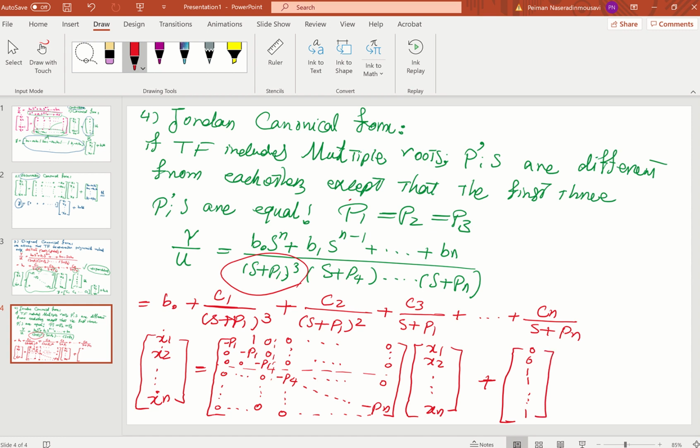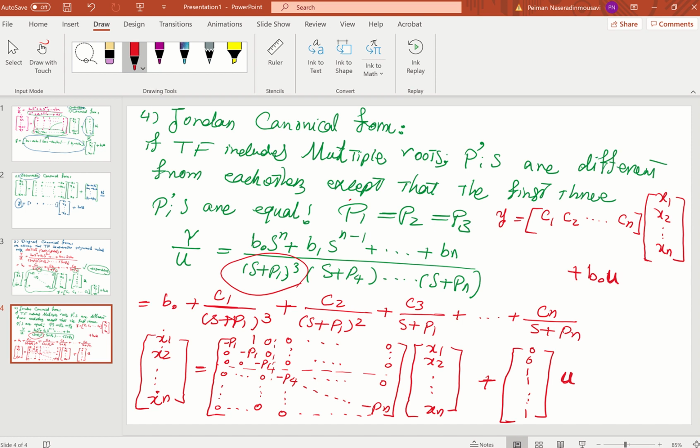So the first two are zeros and the rest are 1. And the output, like the diagonal canonical form, has C1, C2, and Cn times x1, x2, and xn, plus b naught u.